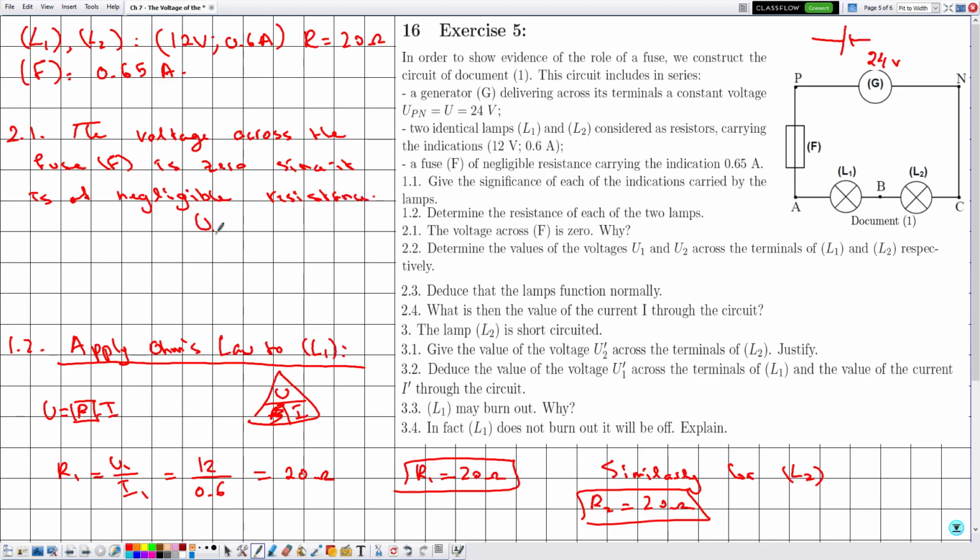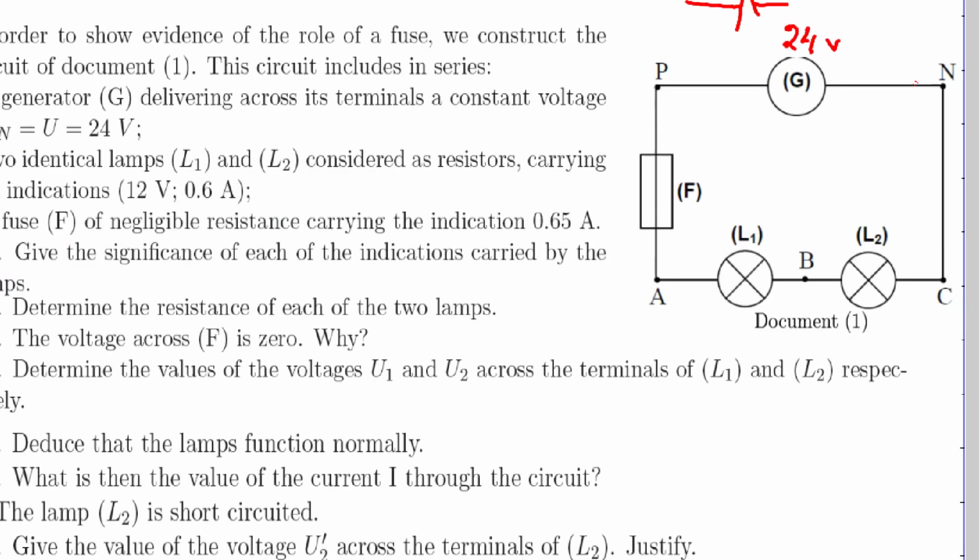In this case we have that UPA is equal to 0. I'm measuring the voltage in the direction of the current from P to A.